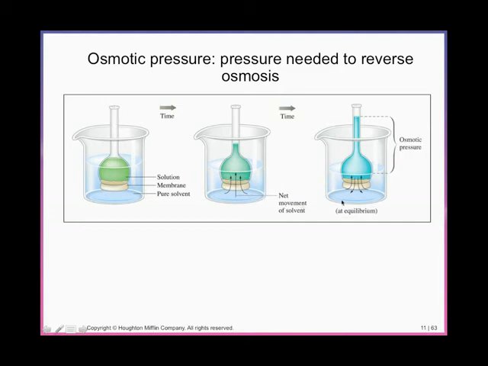So over time then, the volume increases in my container. Now, it's not going to keep on going. At some point it'll stop because gravity is trying to pull the solution back down to where it started off. So the height difference between the height of the liquid in the tube and the height of the liquid on the surface here is what we call osmotic pressure.